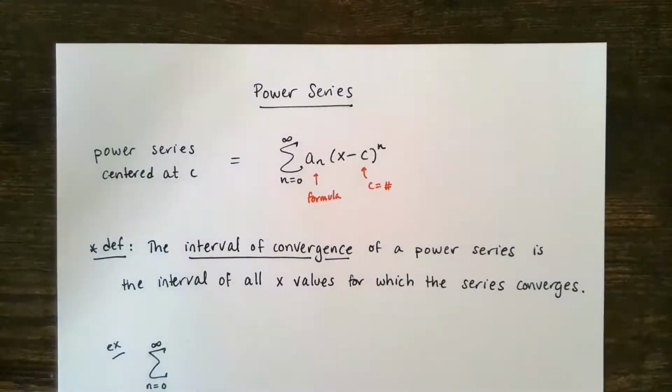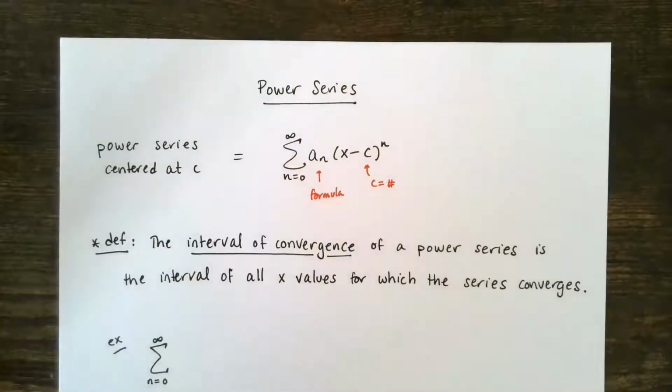What we'll talk about in this video is the interval of convergence, and you can see the formal definition already on the page here. Feel free to pause this video at any point so that you can write stuff down. The interval of convergence of a power series is the interval of all x values for which the series converges. This is what we'll actually be doing with power series for the most part.